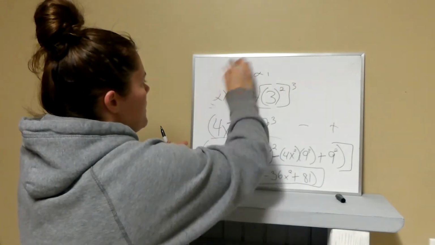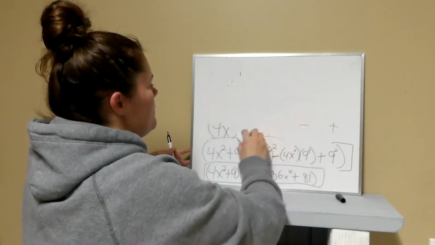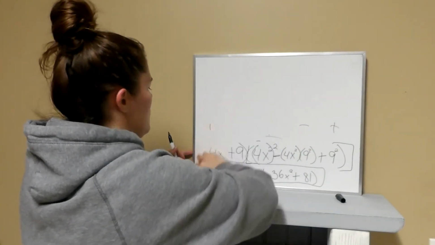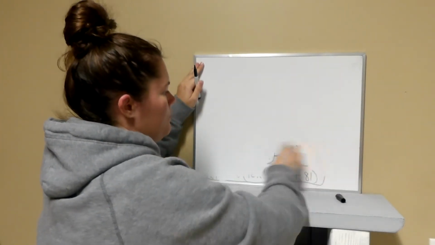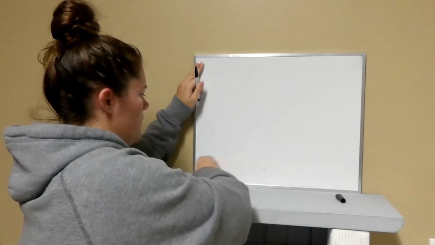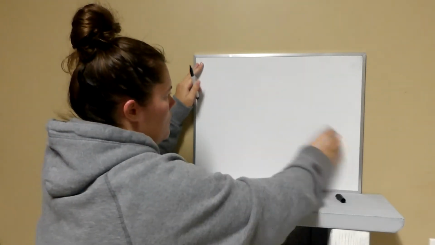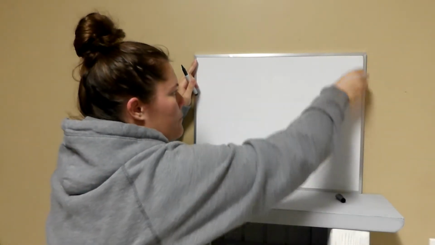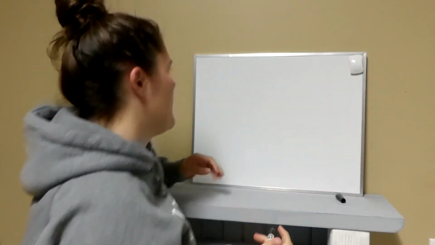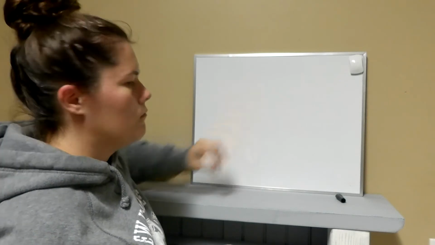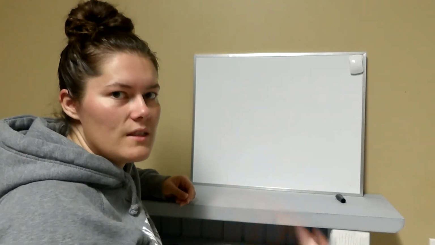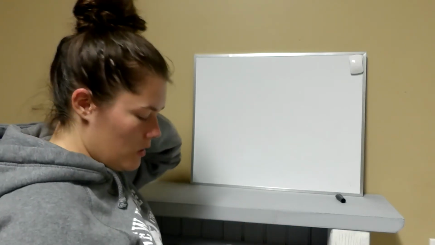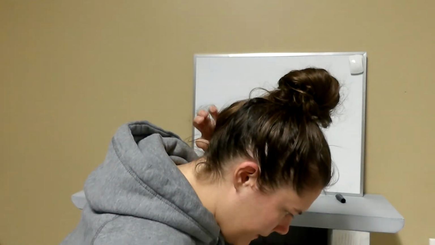What happens if the numbers are different? The prime numbers, like yesterday, we said that the way that you treat a 4 is different than how you would treat other ones. So let's do one with a 4.